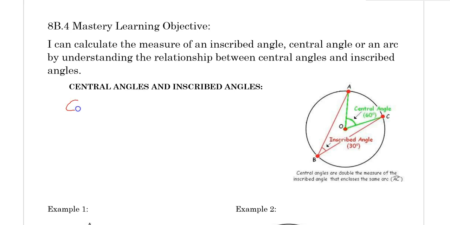That the central angle is just equal to the arc.